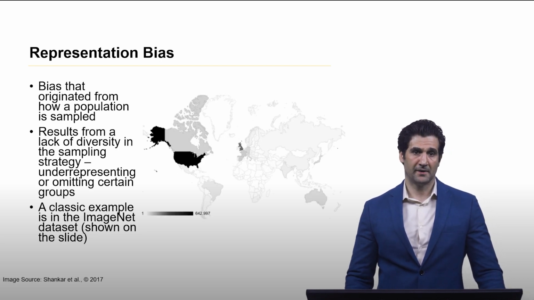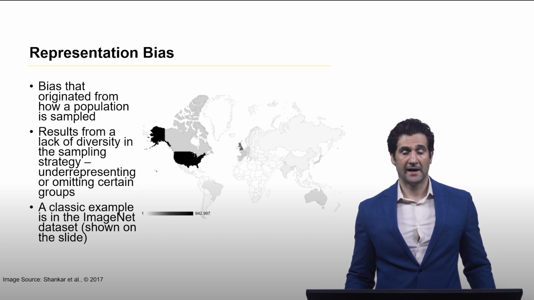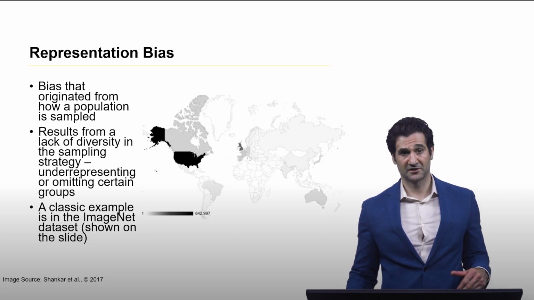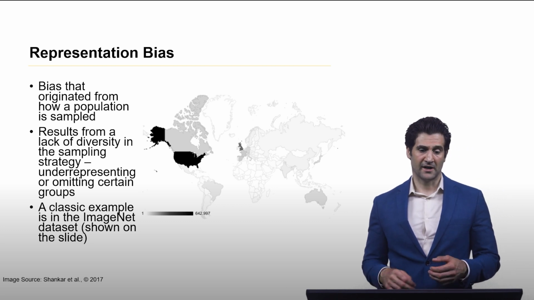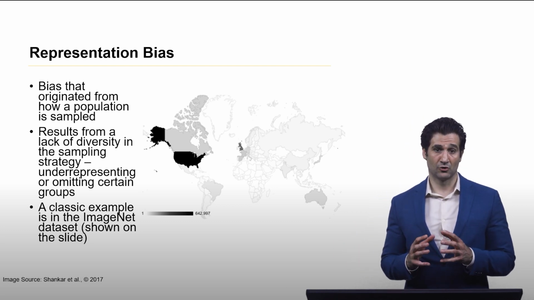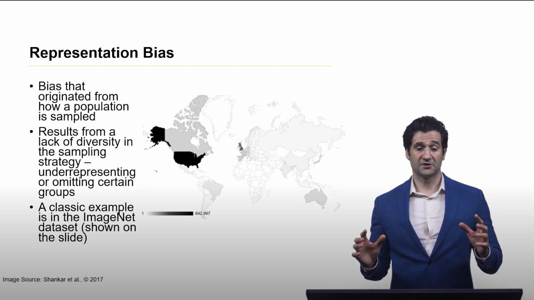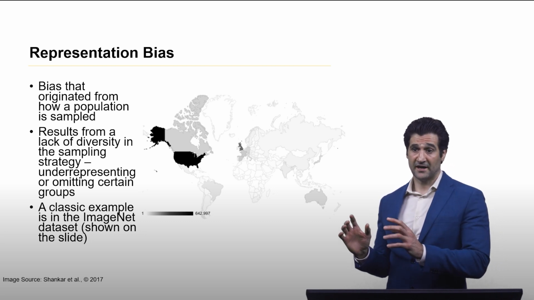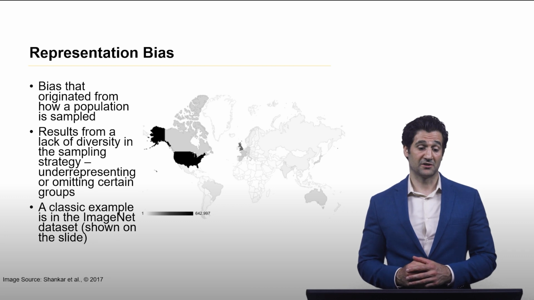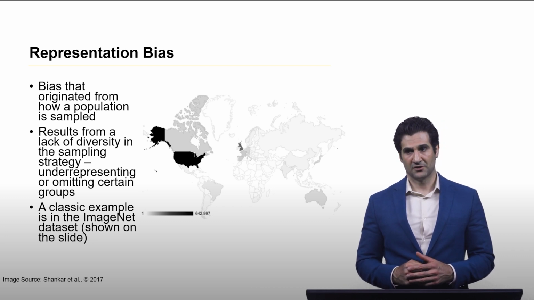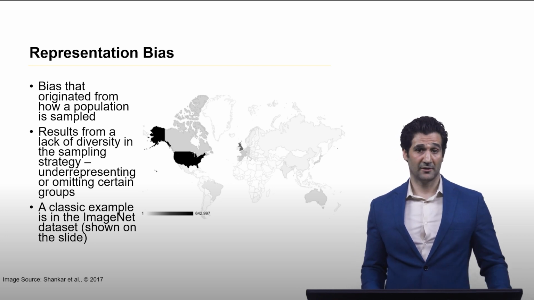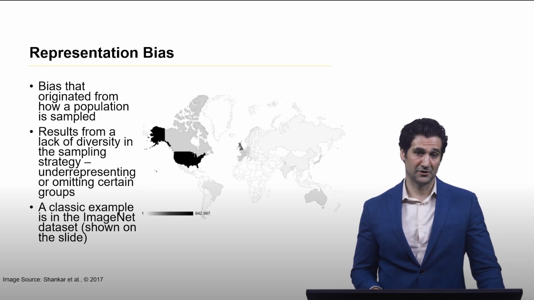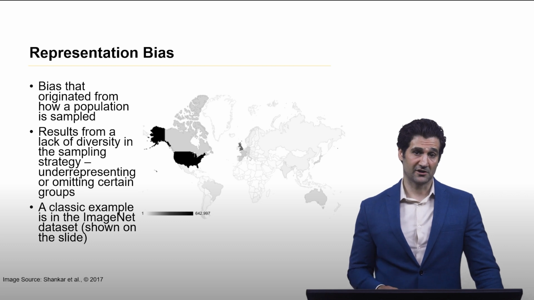Representation bias is bias that originates from how a population was sampled. Now this does not have to do with the sampling methodology itself, how the individuals are selected. It more has to do with the initial criteria that led to selection of certain individuals. So this could be what you see here from ImageNet, which is the library of images that has been used over the years to evaluate different deep learning models.